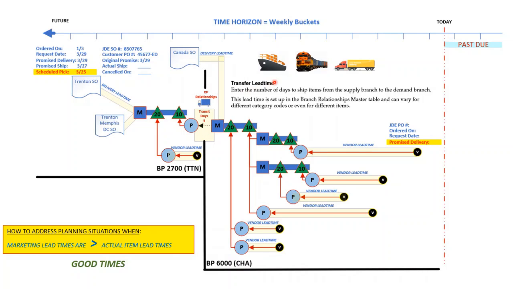In some cases, we might find it cheaper if this was a Tennessee company and this was a Canada company, and we chose and have negotiated the transport via rail, then it might be 7 days, for example, for the transit days in between both of these branch plants. So the transfer lead time is set using the transit day setting in the branch plant relationship.